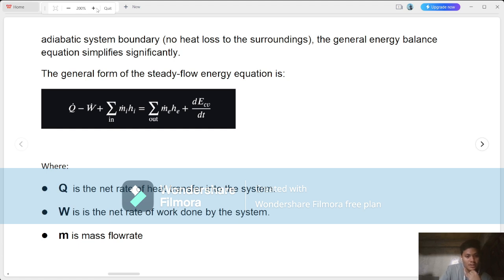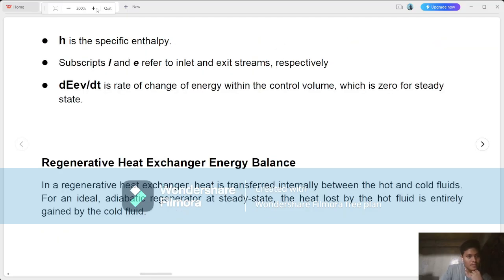Q is heat transfer, W is net rate of work done, m is mass flow rate, h is specific enthalpy, and dE over dt is the change of energy within the control volume, which is zero for steady state.